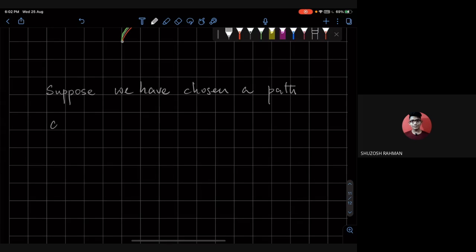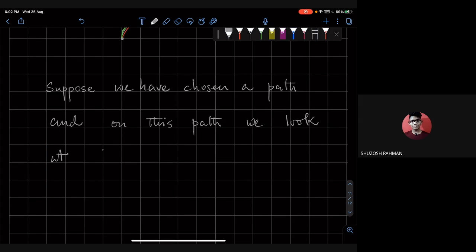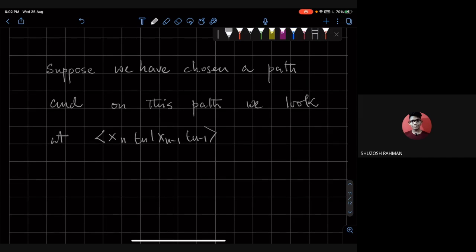And on this path, we look at xn, tn, xn minus 1, tn minus 1.